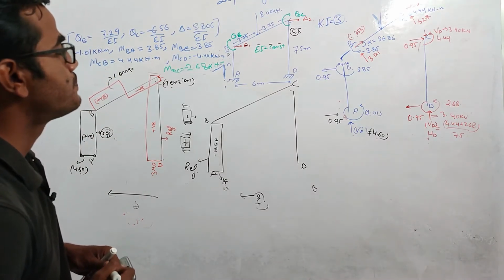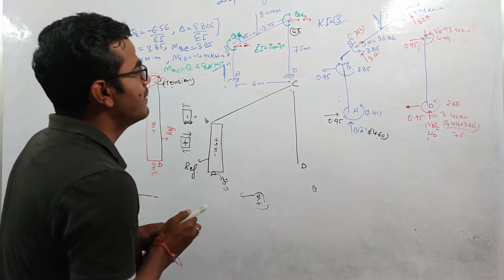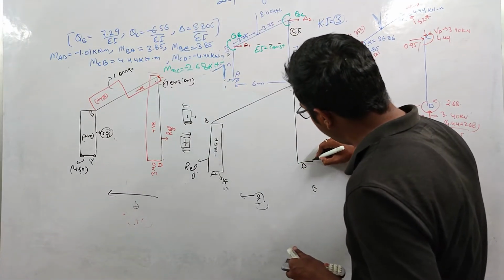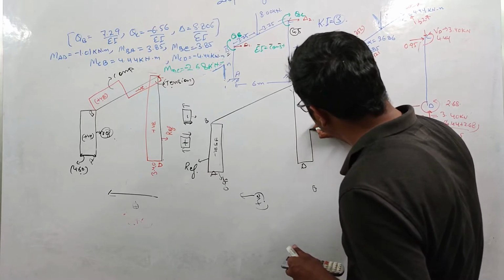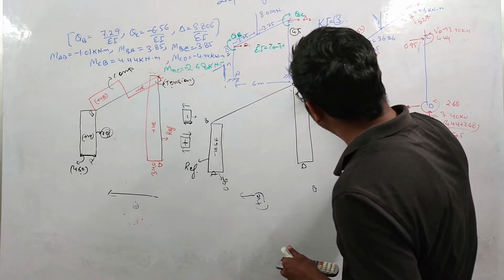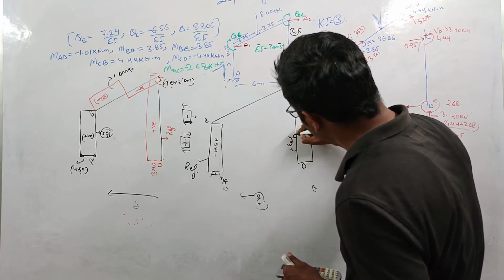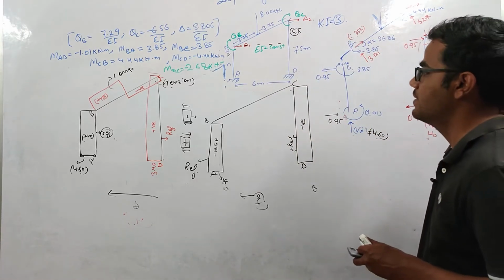Now for this CD member, again it will be negative, so it will be drawn like this. This is the reference line, so below the reference is negative, right.